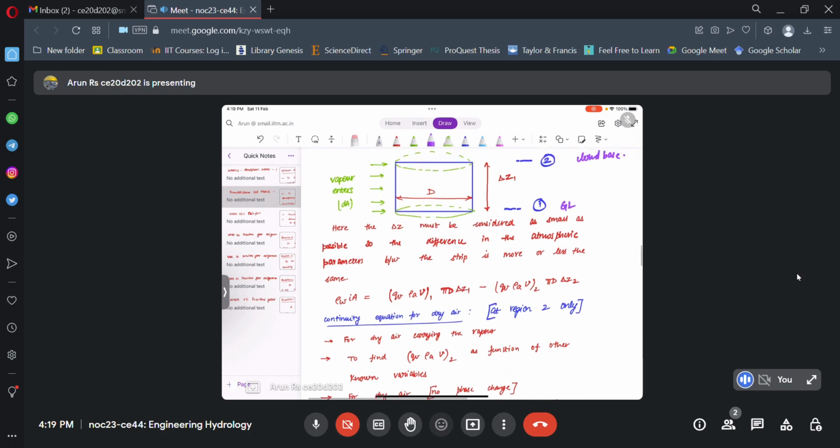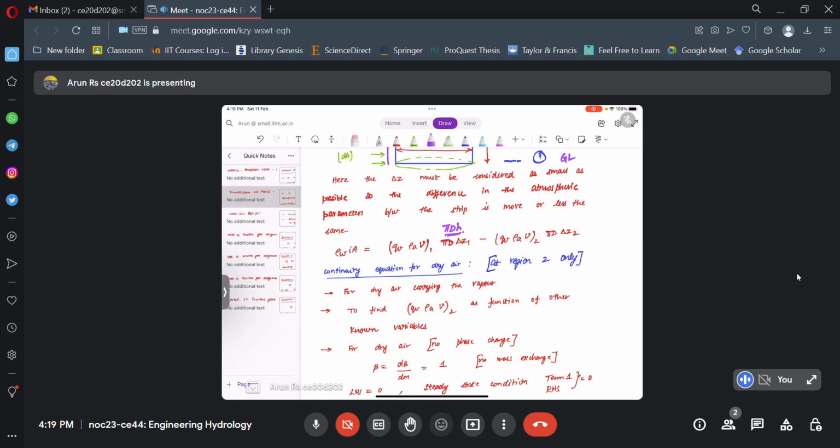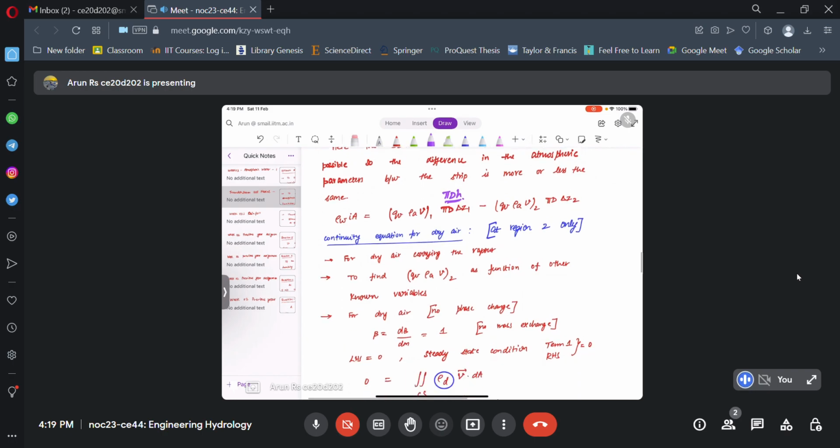So this control volume is a cylindrical volume, and the area through which the vapor enters is given by this control surface. This is a cylinder and it has a surface area of pi d into h. Here h is the delta Z. So now considering this as equation 1, we'll move on to the outflow region.